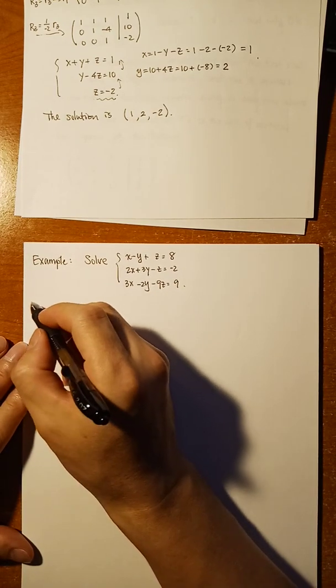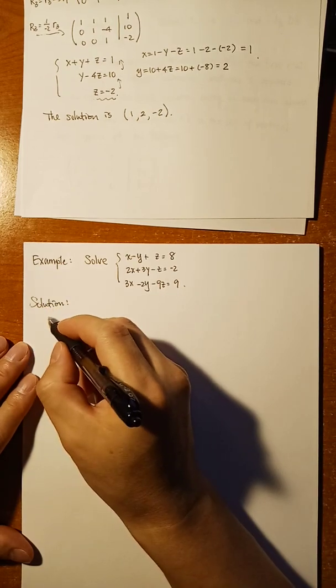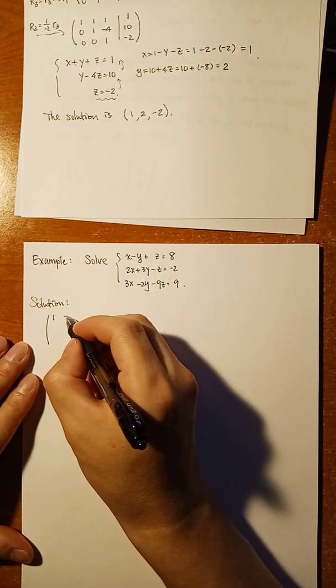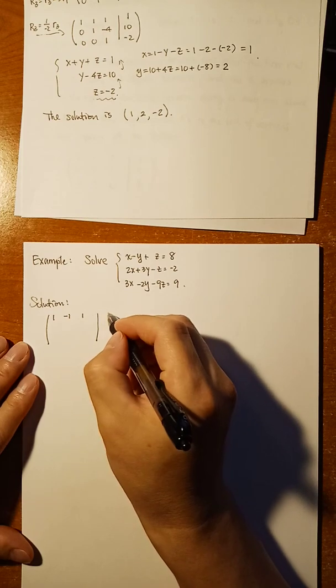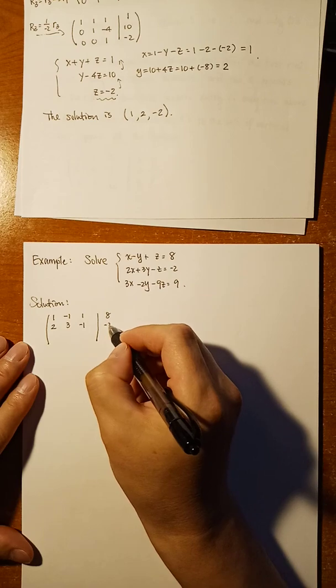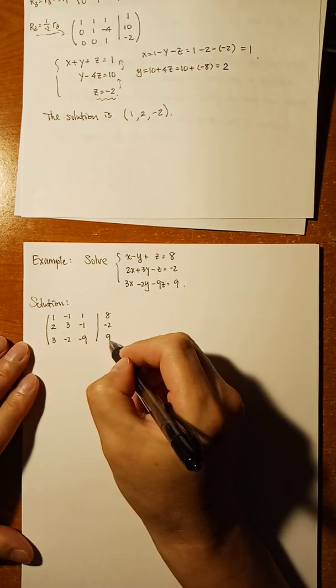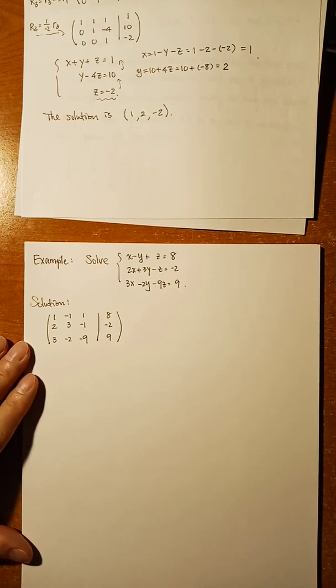Okay, now let's write down the augmented matrix. 1, negative 1, 1, 8. 2, 3, negative 1, negative 2. 3, negative 2, negative 9, 9. This is an augmented matrix.